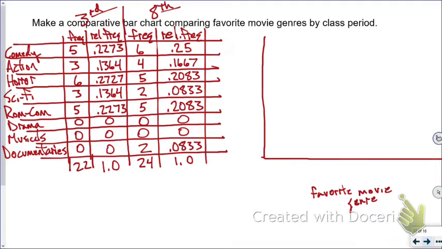And then we still have to write all the categories. I don't know if I can fit it in this smallest space, but we'll give it a try. Looks like it's going to work.